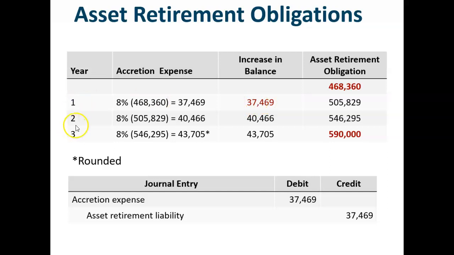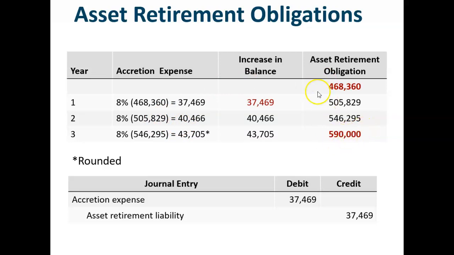The second year accretion expense is $40,466. The balance at the end of year 1, $505,829 times 8%, and so on. By the end of the expected life of the asset, the retirement liability will be equal to the initial estimate of the expected cash outflow for restoration costs.